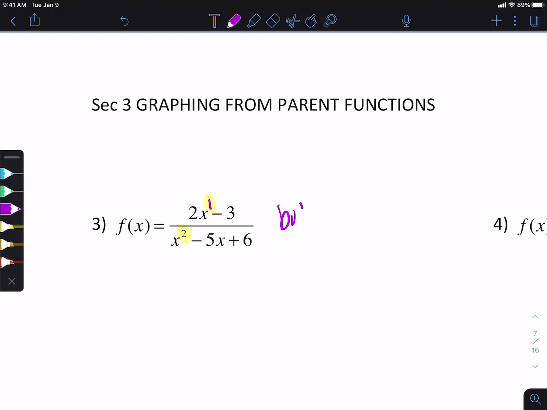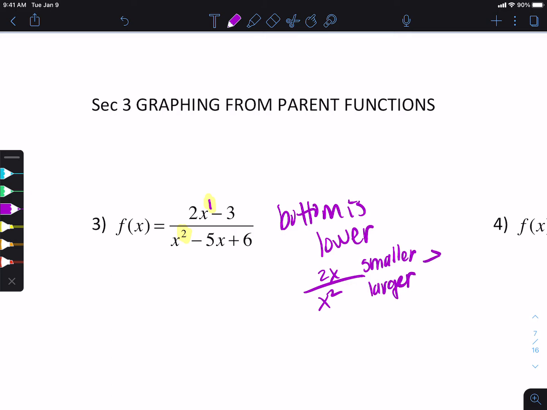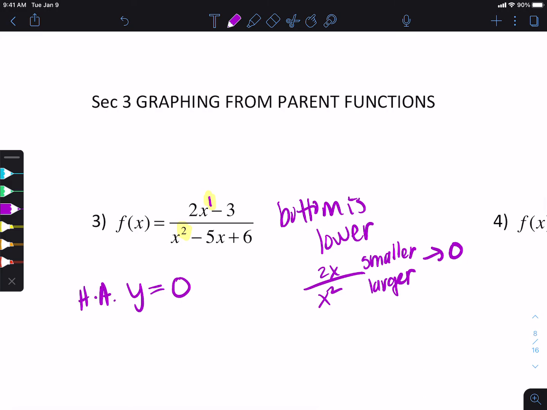So this means that the bottom is lower. Remember, you're really doing 2x over x squared, so it's a relatively small number over a really large number. So small over large really goes to 0. Or you can just remember if the bottom is bigger, then it goes to 0. So our horizontal asymptote is y equals 0.